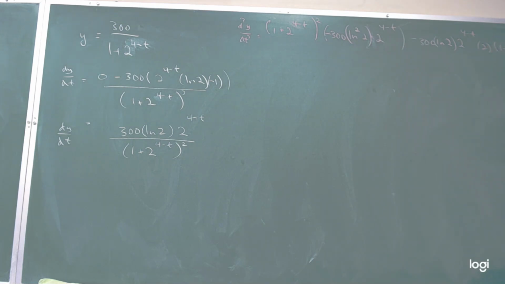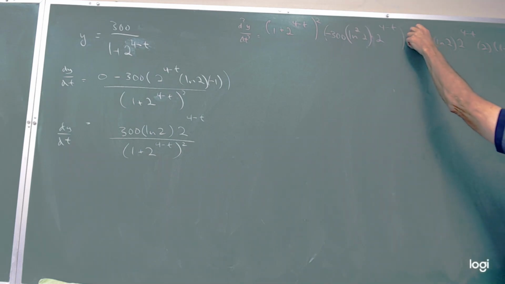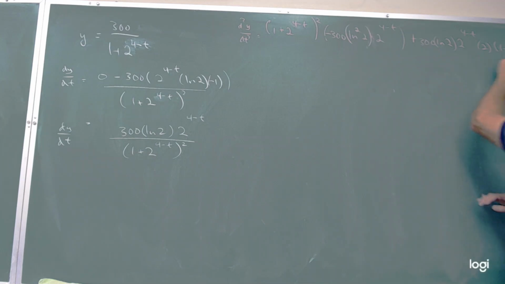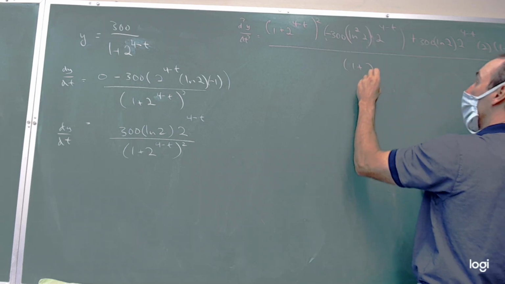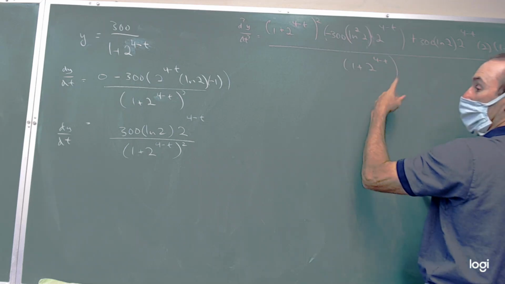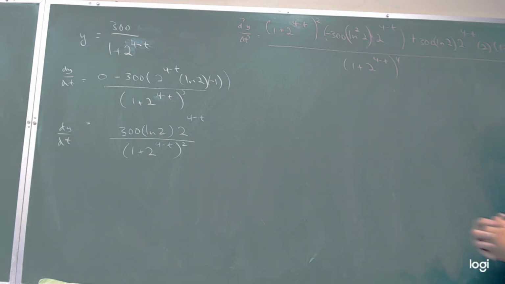The 1's gone. Kent, you with me here? Yeah, you look like you're hurting there. And then we get an extra negative, right? Which is going to make that be a plus. We okay there? And all over the denominator squared, 1 plus 2 to the 4 minus t. Squaring the square makes that a 4.